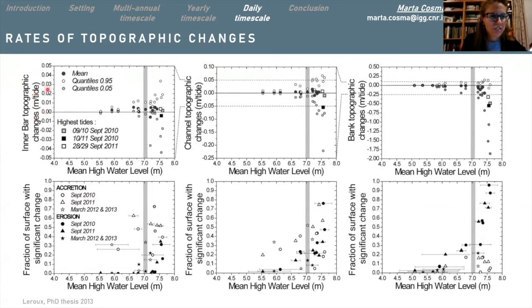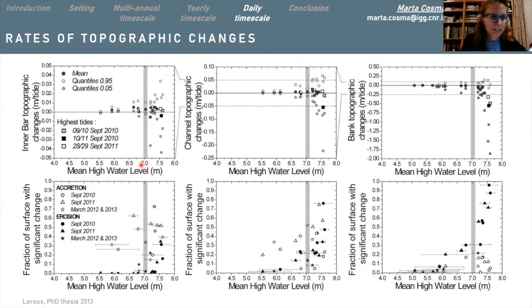A positive number means that there is accretion, whereas a negative number means that there is erosion, and they are correlated to the mean high water level. The gray line here shows the elevation of the high marsh, which essentially discriminates between overmarsh tides and undermarsh tides.